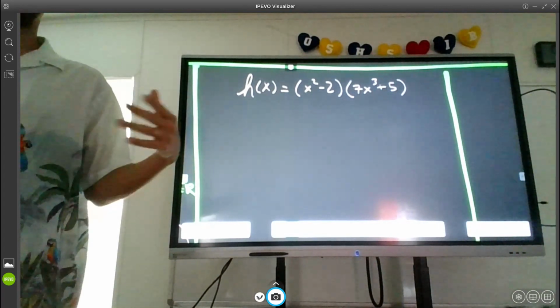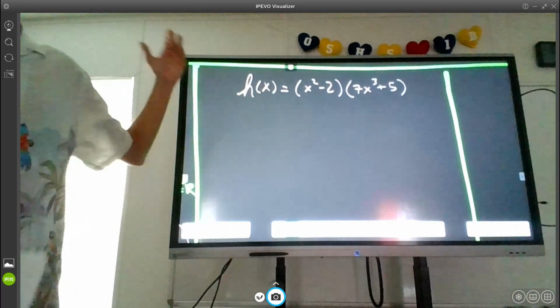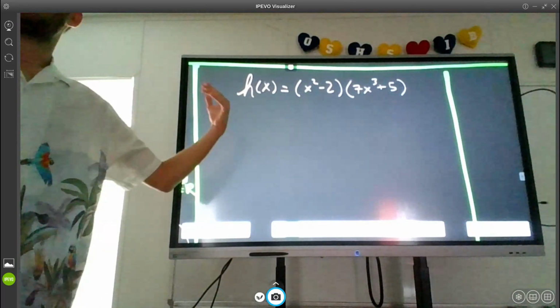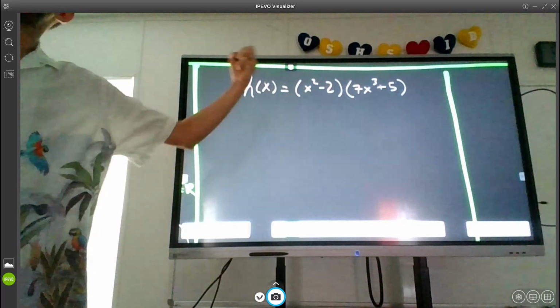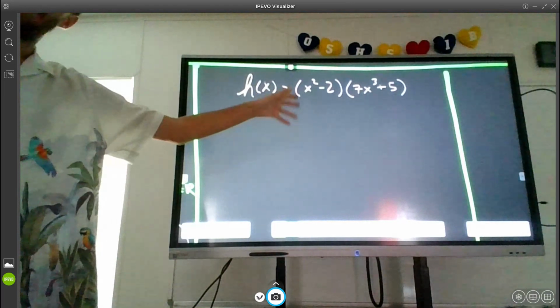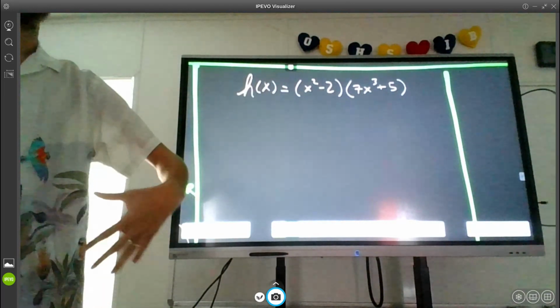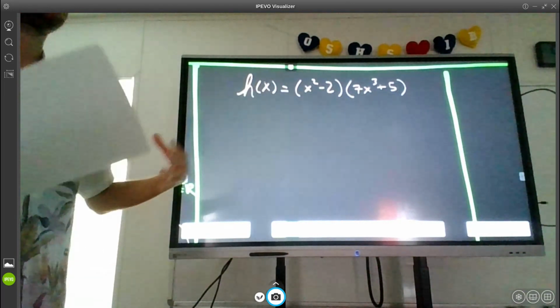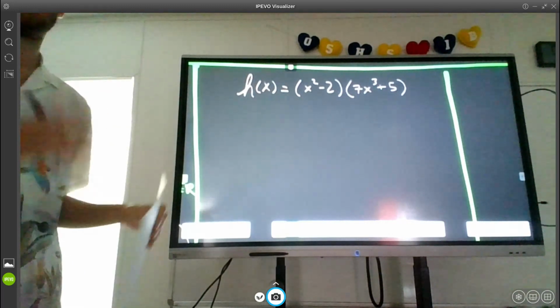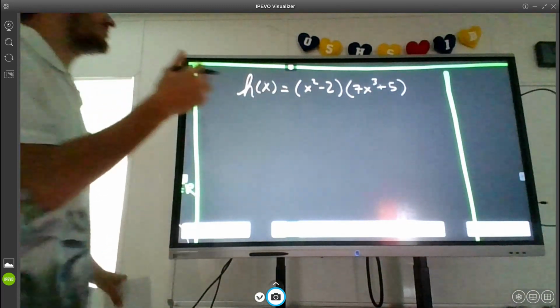When you get your quiz or your test, and it's your job to take the derivative of this, if it just says take the derivative, you can go for either direction. You can either do your algebra, then derivative, or you can get straight into your more complicated derivative and then do your algebra. You might have a preference. Now, the question might say mandatory product rule, and then of course you do mandatory. But let's do it both ways here.